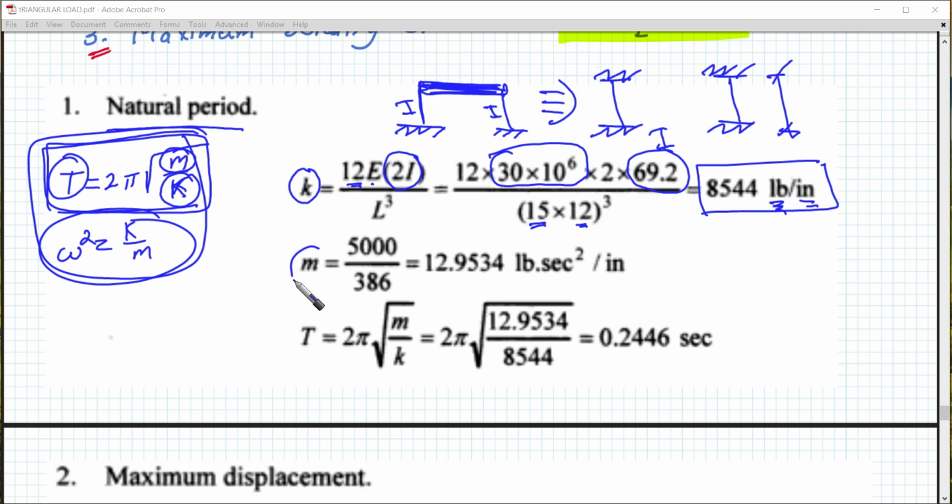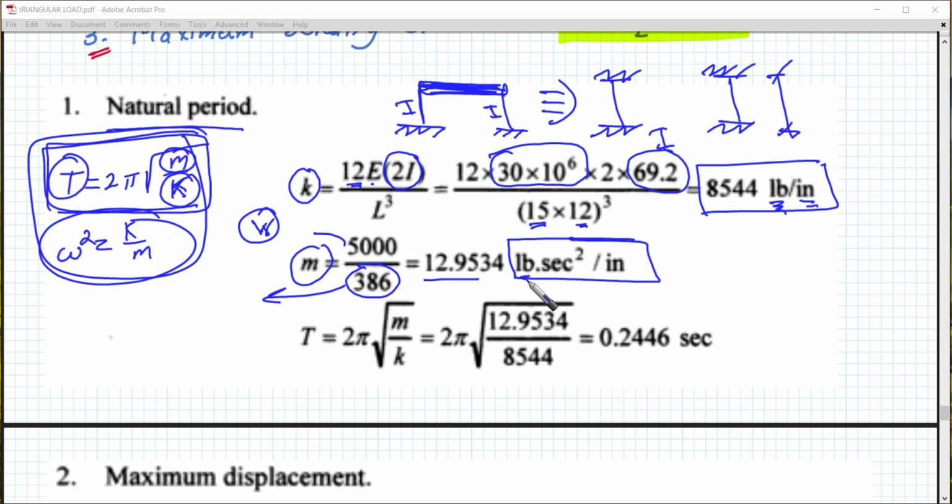And then for m, we know that this is the weight. Take care, it is the weight. Weight means force. It is going to be divided by the gravitational acceleration, 386 inch per square second. Then we obtain this value, and these are the units of the mass.